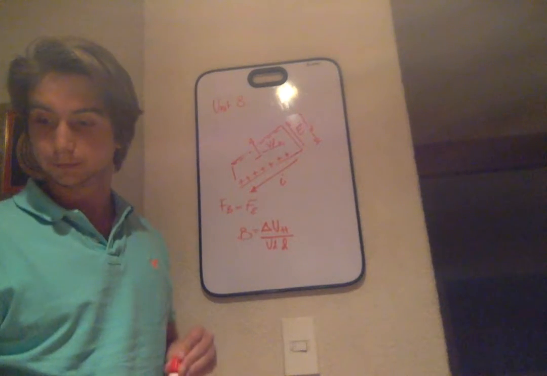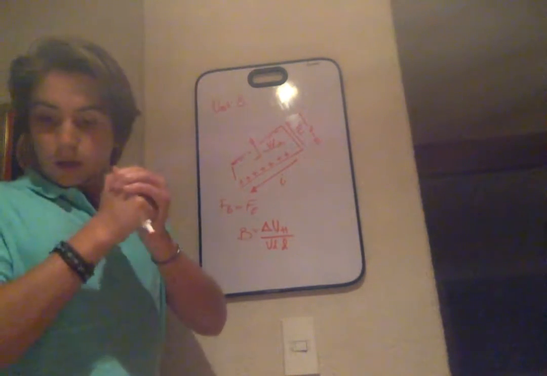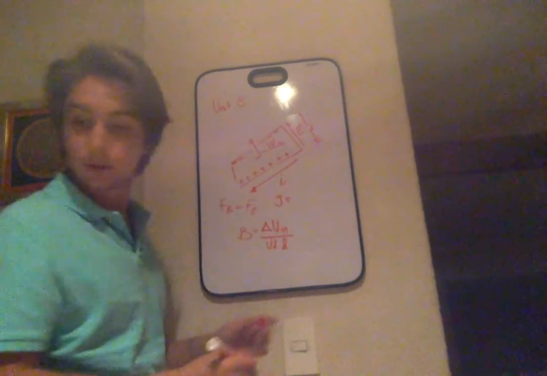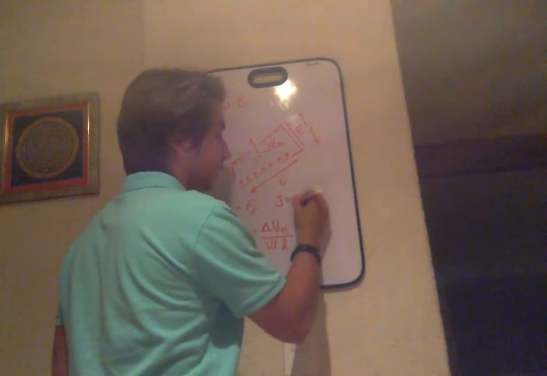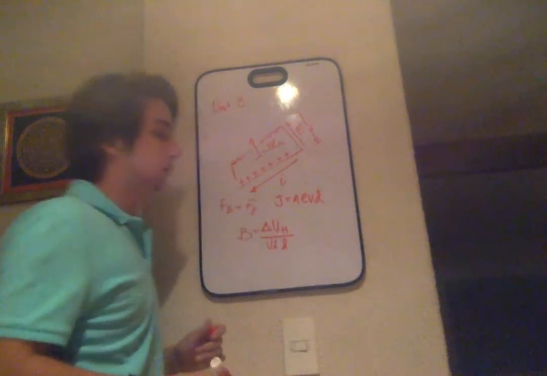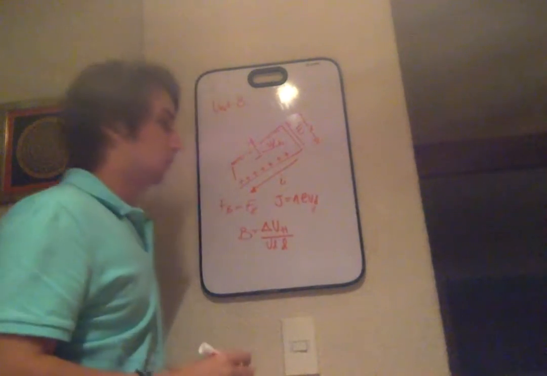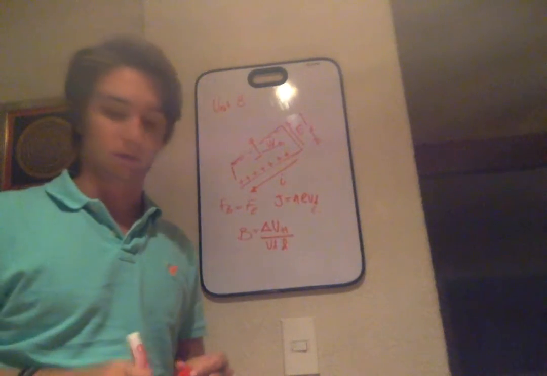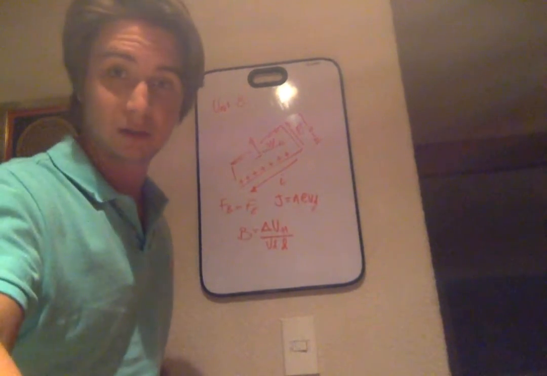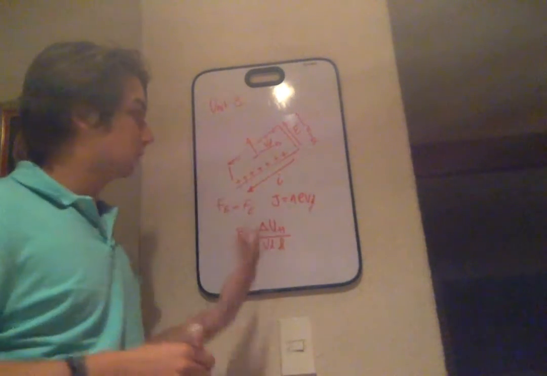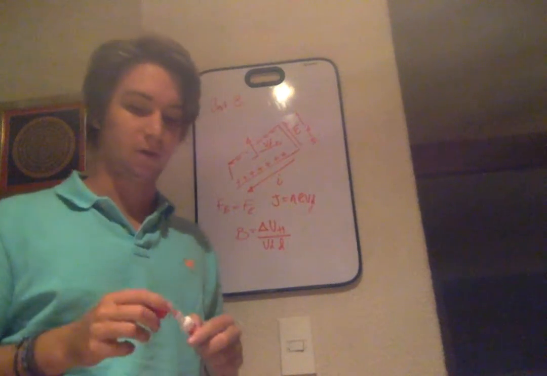And we could also find the current density, which is n e vD, where n is the number of particles per unit volume. And that's basically it. It's a very, very large topic, and I hope you understand it all. Goodbye.